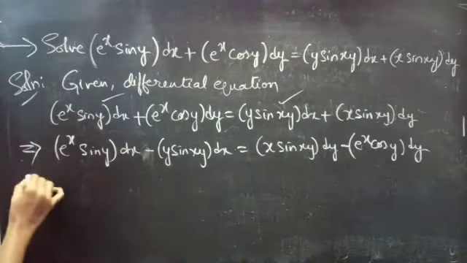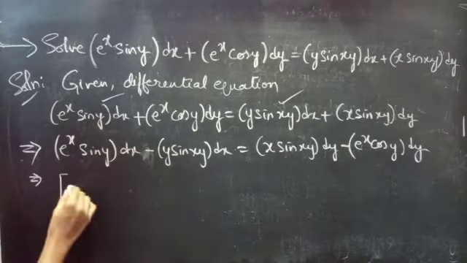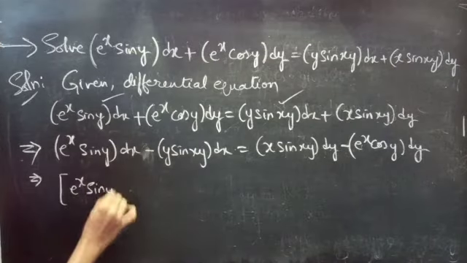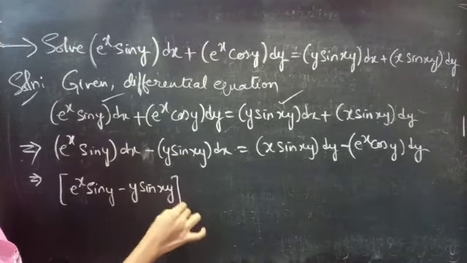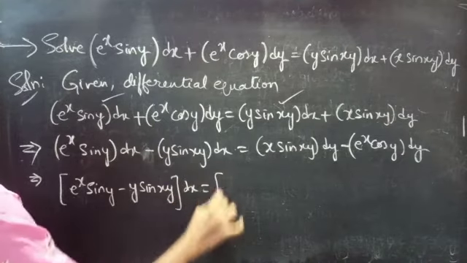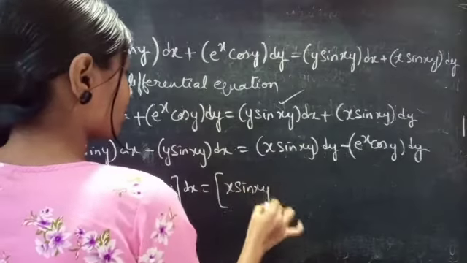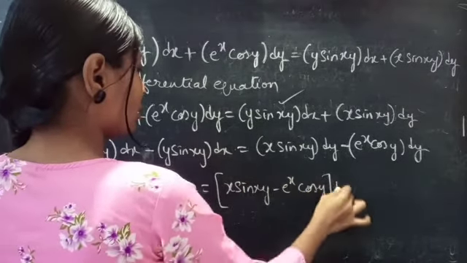Now take dx common from these two terms. You can write the above as (e^x sin y − y sin(xy)) dx = (x sin(xy) − e^x cos y) dy.